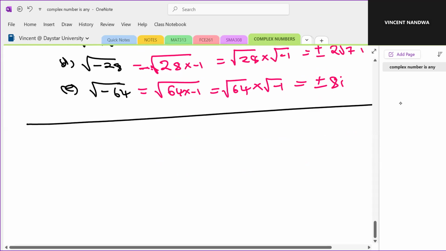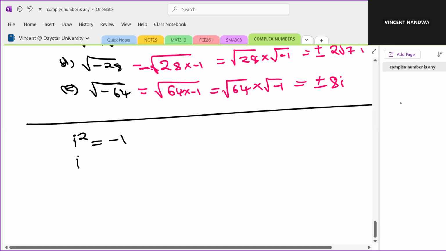So let's also see how the i number behaves when we put it to some arbitrary powers. For example, we know that from definition, i squared is -1.